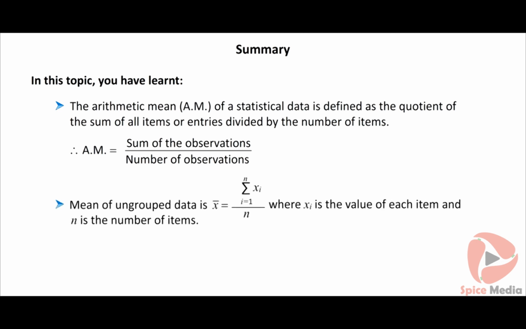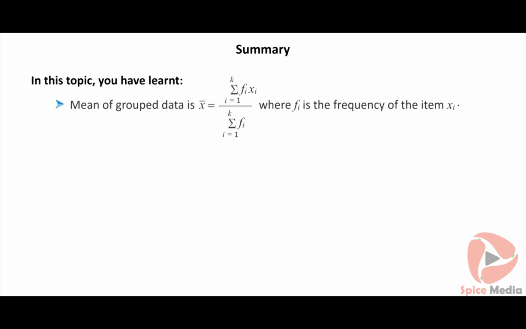In this topic you have learnt the arithmetic mean AM of a statistical data is defined as the quotient of the sum of all items or entries divided by the number of items. Therefore, AM is equal to sum of the observations divided by number of observations. Mean of ungrouped data is x bar is equal to sigma i is equal to 1 to n xi divided by n, where xi is the value of each item and n is the number of items.